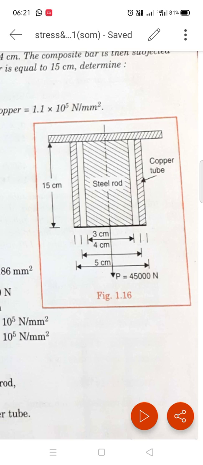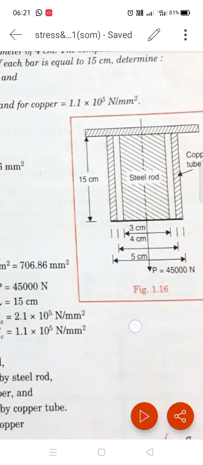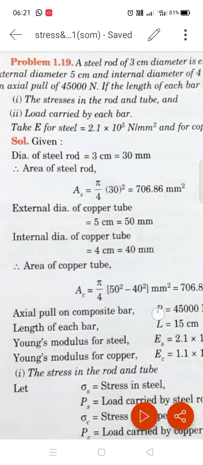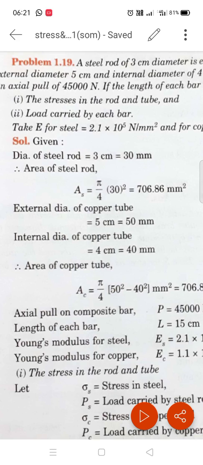The diameter of the steel rod is 3 centimeter, the inner diameter of the hollow tube is 4 centimeter, and the outer diameter is 5 centimeter. This is the copper tube and the steel rod, as given in the problem.